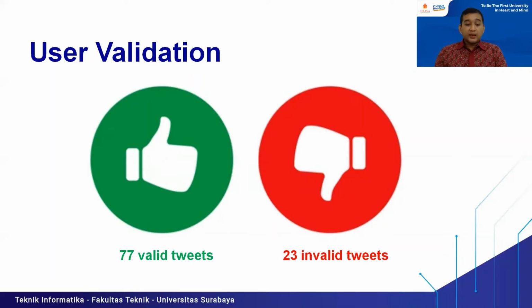From the prediction result of 100 tweets that have been made by the system, 77 of them are declared valid. So it can be concluded that the accuracy of the system based on user validation is 77%.